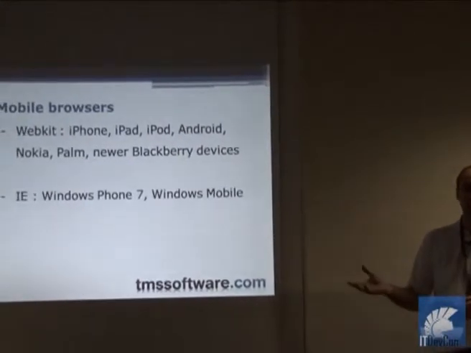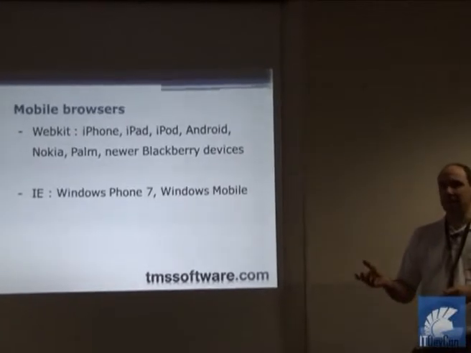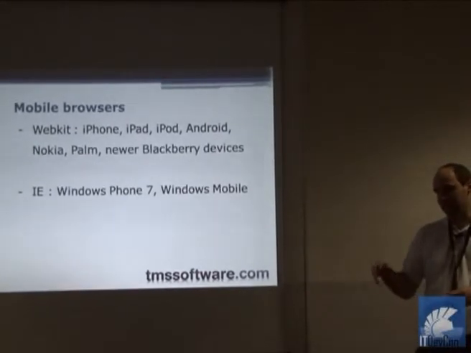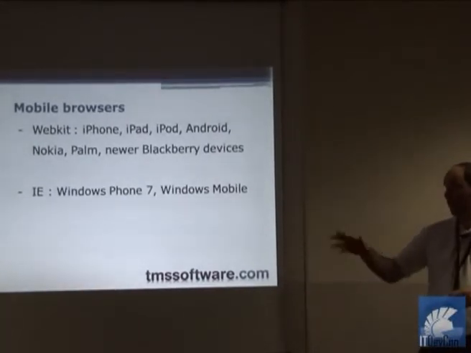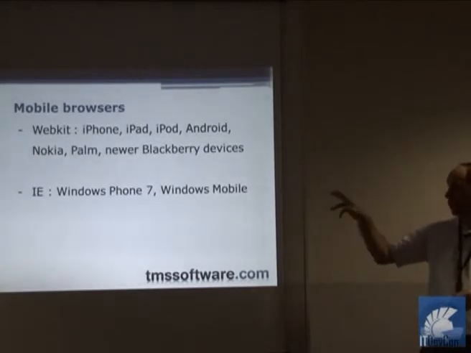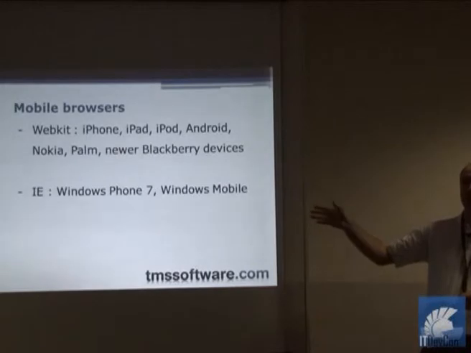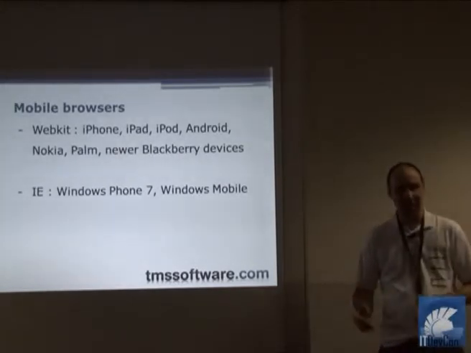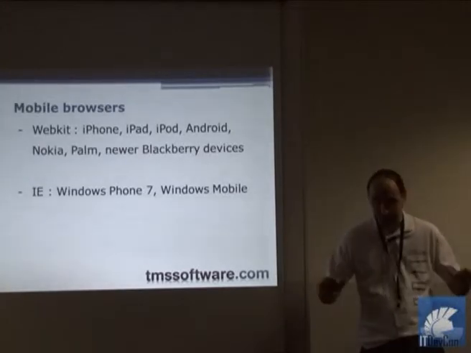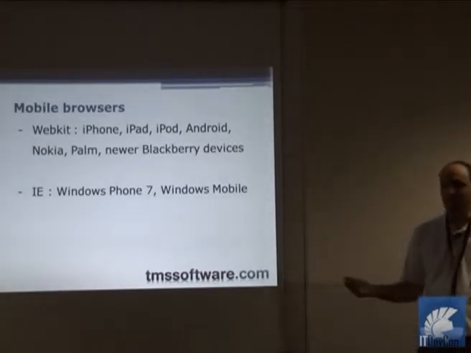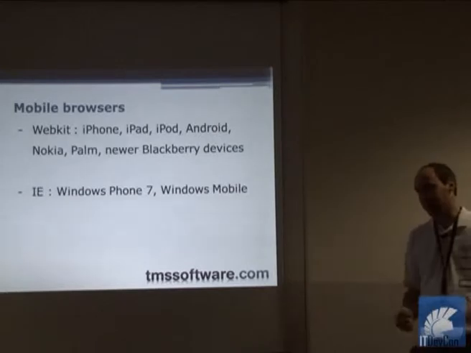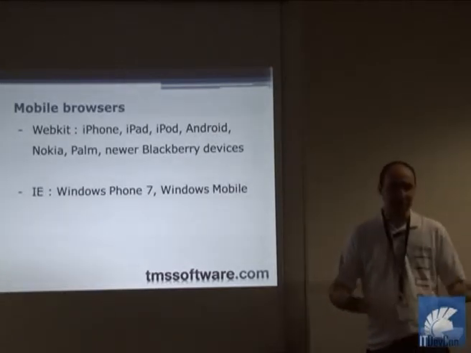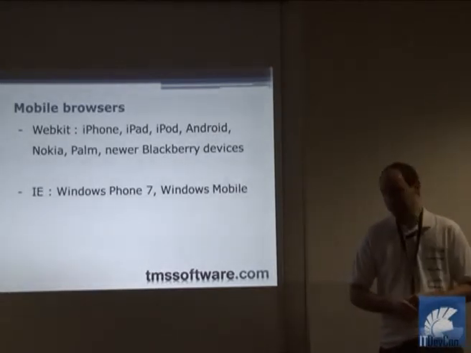So the WebKit engine, it's the same engine that is used in Android, in iPhone, now also in newer BlackBerry devices, in Nokia devices, except of course the new Nokias where they, let's say, bowed to Microsoft and said, give us your software because we are not able to write the software ourselves.